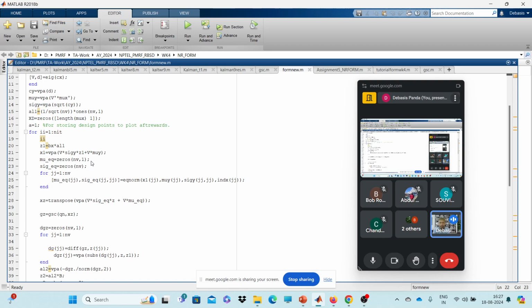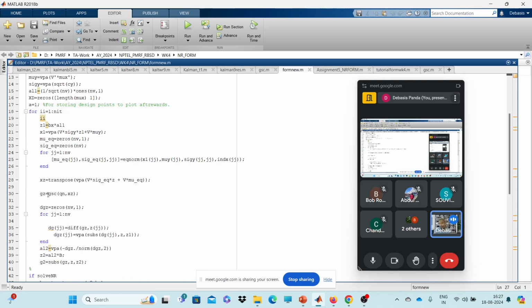So you need to make one code that can process all kinds of random variables. So first, we need to convert the limit state into g of z. Here the limit state has been converted into v into sigma z v, that means after getting the uncorrelated form, plus mu, into equation 1. If you see that equation, you can see it.